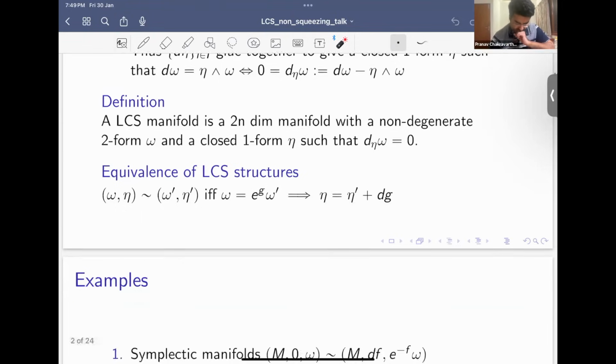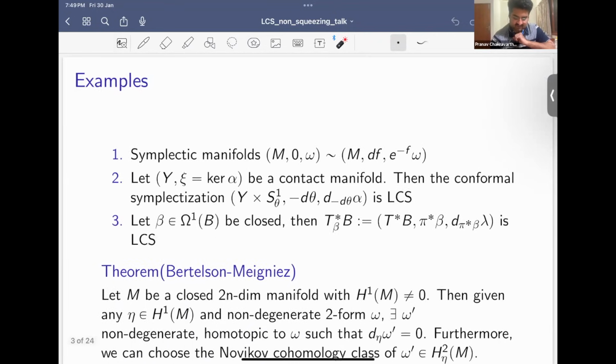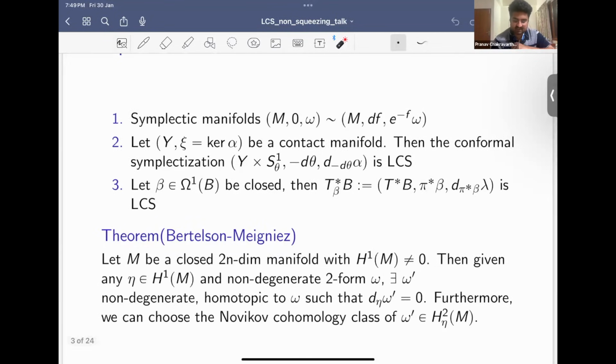Okay, so what are the natural classes of examples for these? In particular, if my eta is 0, then we recover the original symplectic manifolds. Given a contact manifold, you can construct an LCS manifold from it, which is called the conformal symplectization, which is very similar to the symplectization process, where instead of taking Y cross R, you now take Y cross S^1, and you basically quotient by the Z action on the R factor.